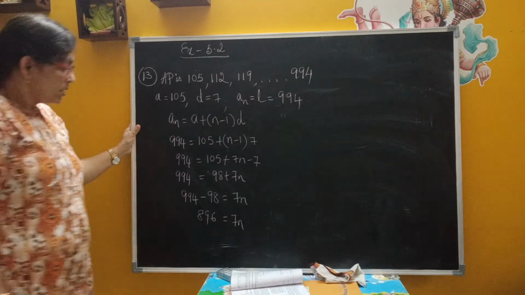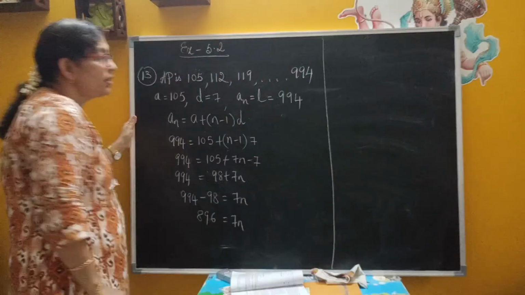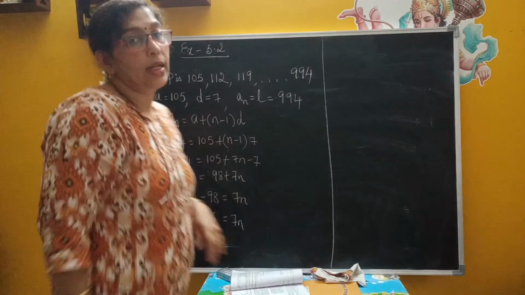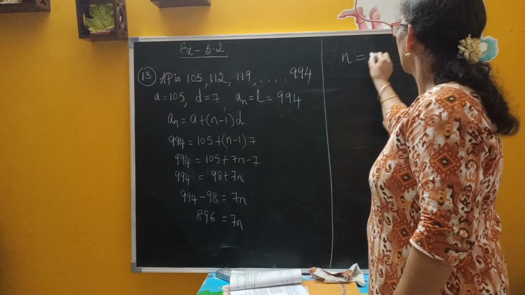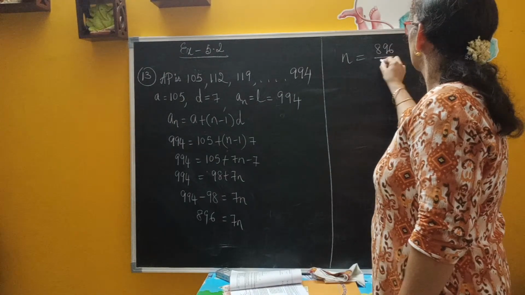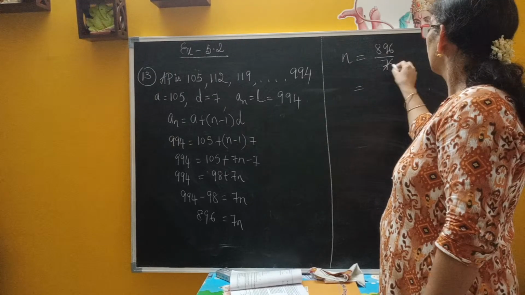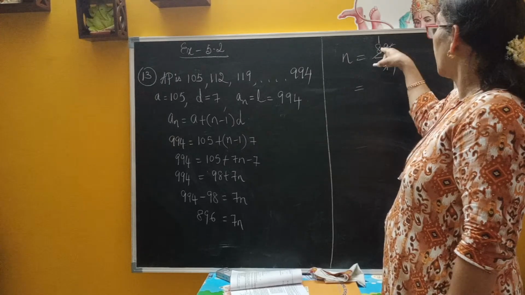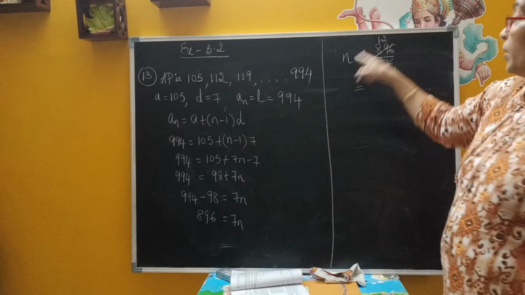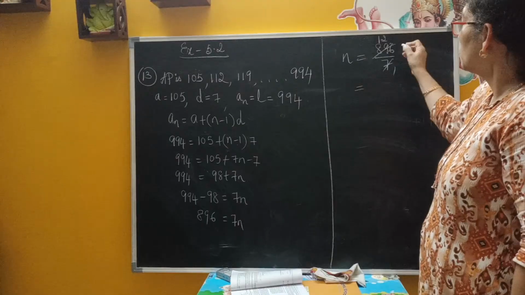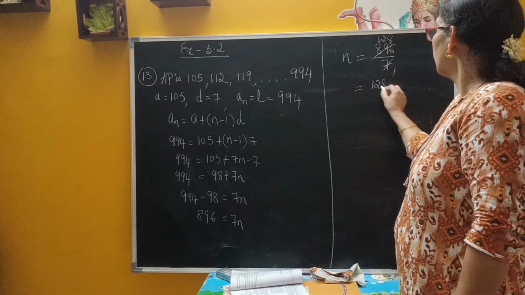It is 896 by 7. Let me simplify this. 7 ones are 7. 1 remains, 19. 7 2s are 14 plus 5, 19. So here it is 56. 7 8s are 56. So n value is 128.